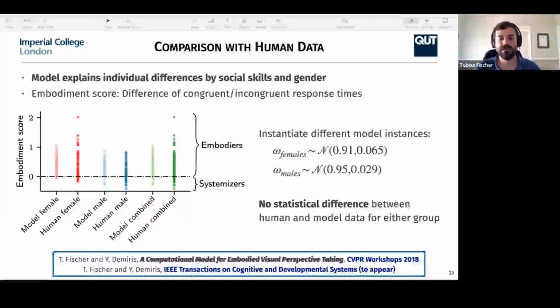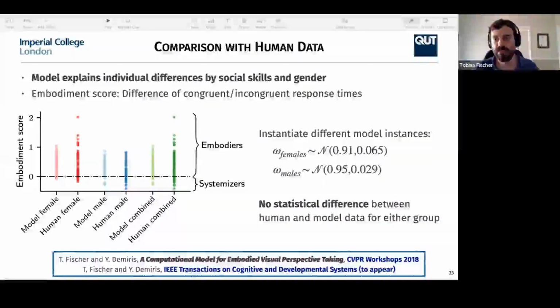And now the last bit I want to show you here is that you can also consider individual differences. When humans do these experiments, some humans are really, really fast, other humans are a little bit slower. And for some people, there's a higher difference in response times between the setup where they look straight at the screen and when they rotate the body.